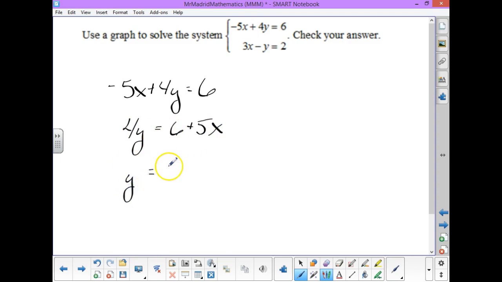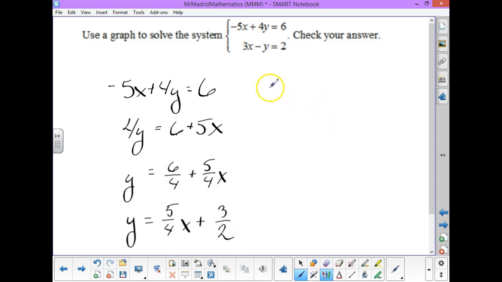So we have 6 over 4 plus 5 over 4x. And I'll put it in y equals mx plus b form, so we have 5/4 x plus, we'll reduce this to 3/2. Next, I'm going to continue with this other equation.